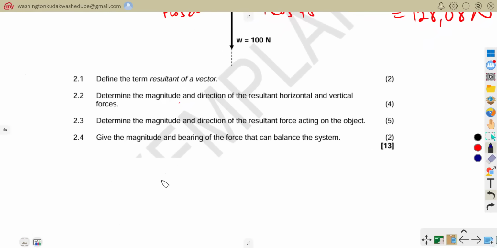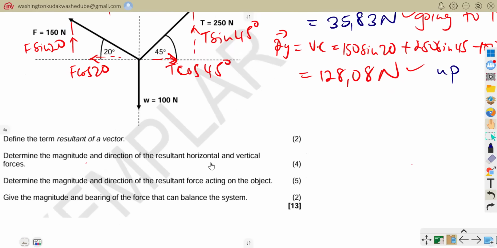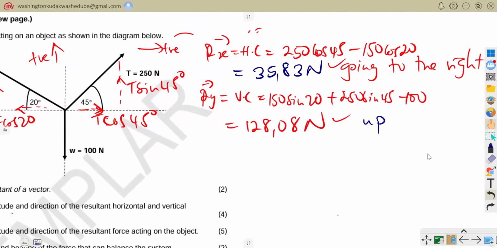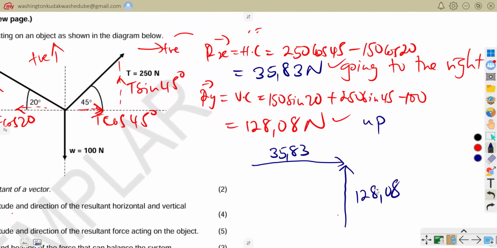So we have a force that is going to the right, 35.83, and a force that is going up, 128.08, and then we want the resultant.